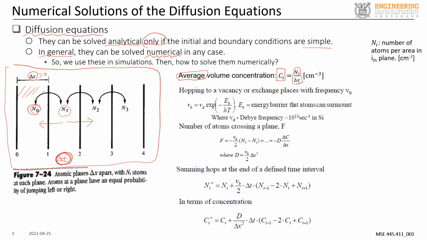This is a random behavior. It's going to be 50 to 50 to the left and right. There's no dependence on the direction. And we can define a certain frequency for this to happen, which will be given by this equation. So it has a large temperature dependence.